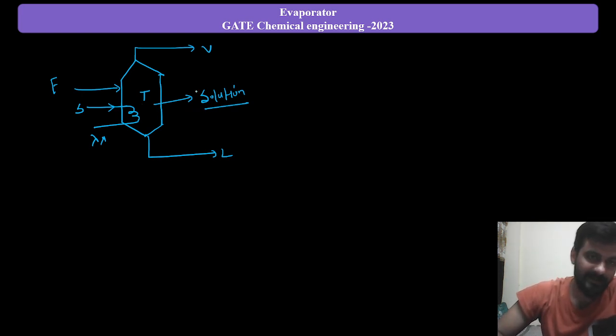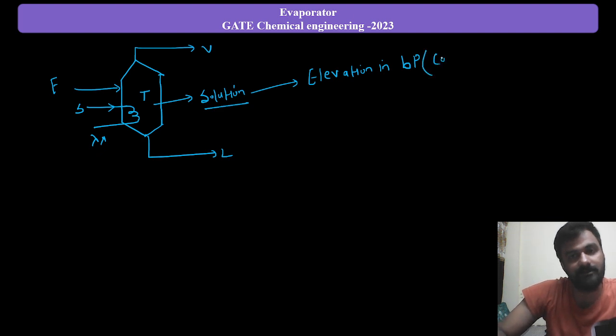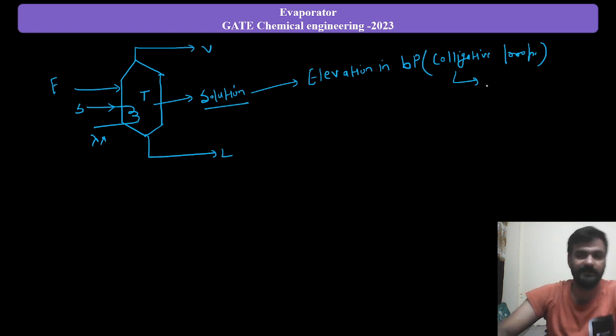Sometimes, due to some impurity, the boiling point of the solution gets increased. So there is a very important property of solutions, elevation in boiling point, and this is a colligative property that we all used to study in class 12 solution topics in physical chemistry.